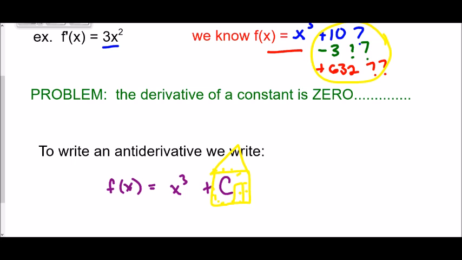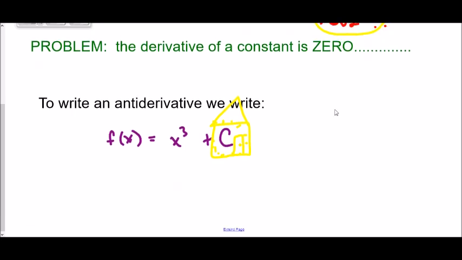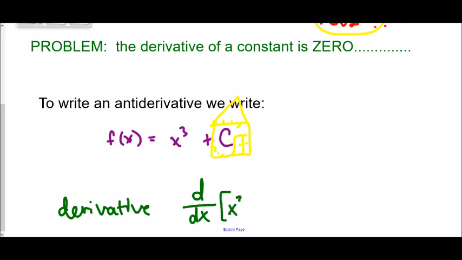So we need to talk about what our notation is going to look like. Because when we took a derivative, one of the ways we wrote that was d over dx of x cubed, which means you're taking the derivative of x cubed, and that is equal to 3x squared.